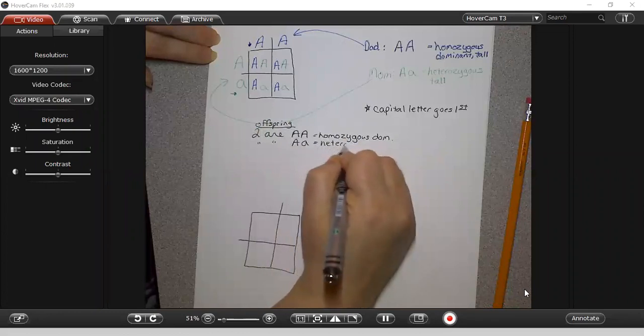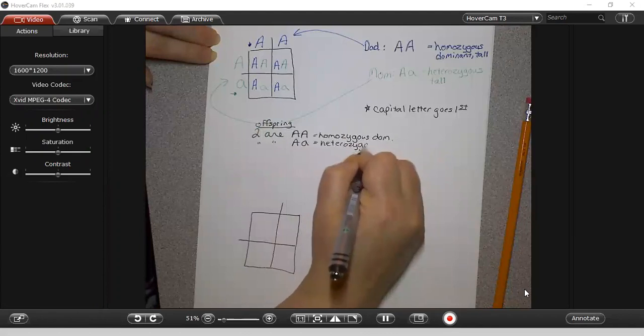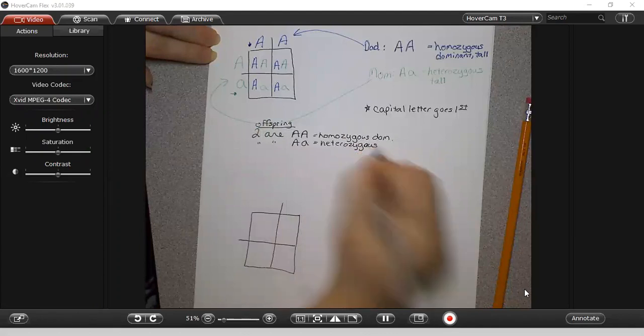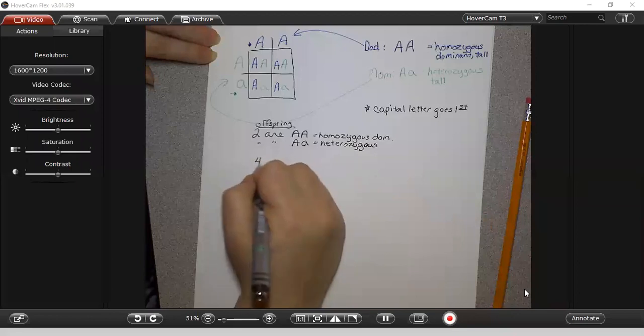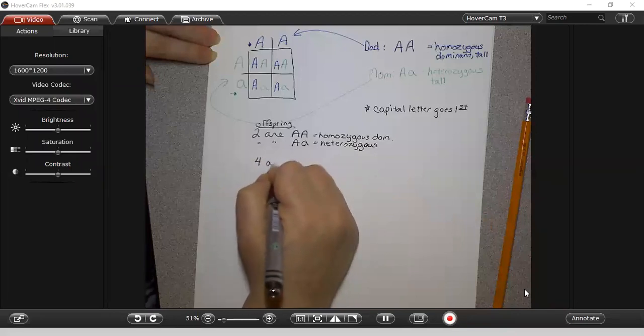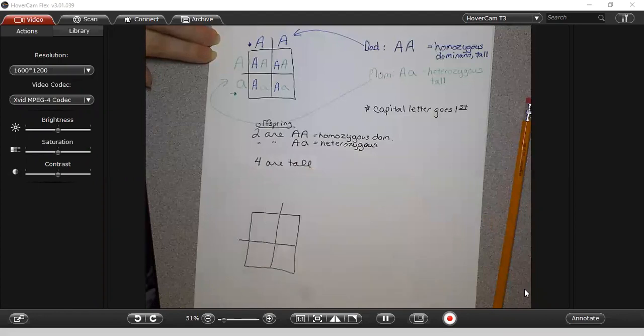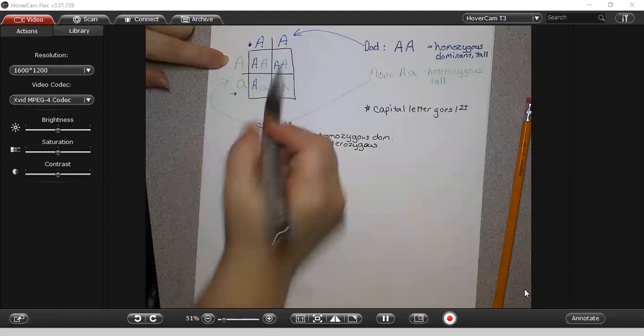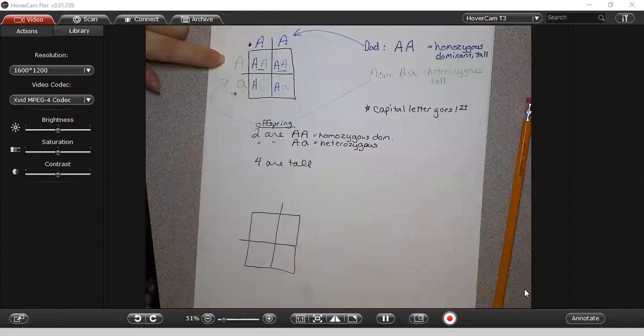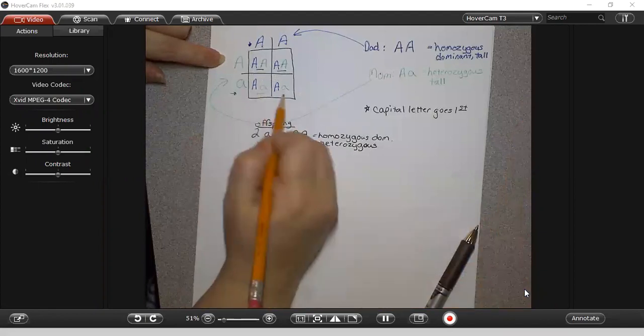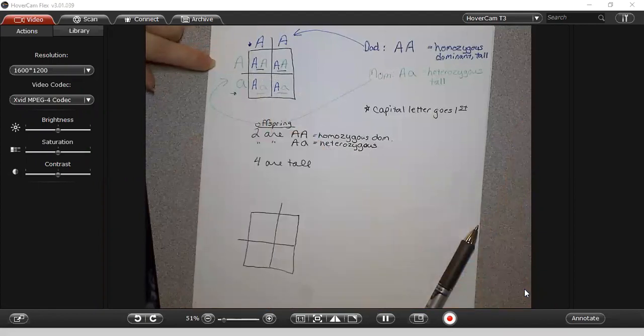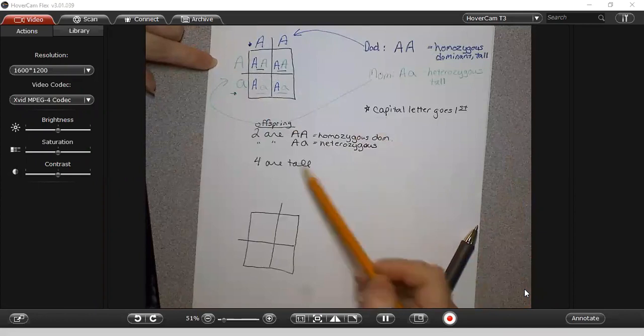So they are heterozygous. 4 are going to appear tall. So that's how you interpret the Punnett square. Both of these, homozygous dominant. Both of these are heterozygous. They all have a capital A because capitals represent dominance. They're all going to appear tall.